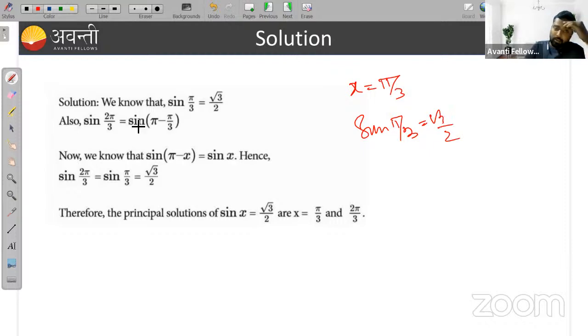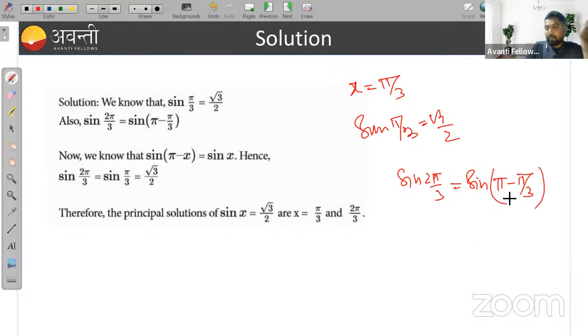And also we know sin of 2 pi by 3 is also sin of pi minus pi by 3, and pi minus pi by 3 is 2 pi by 3. So can we write sin of 2 pi by 3 is equal to sin of pi minus pi by 3? Yes.